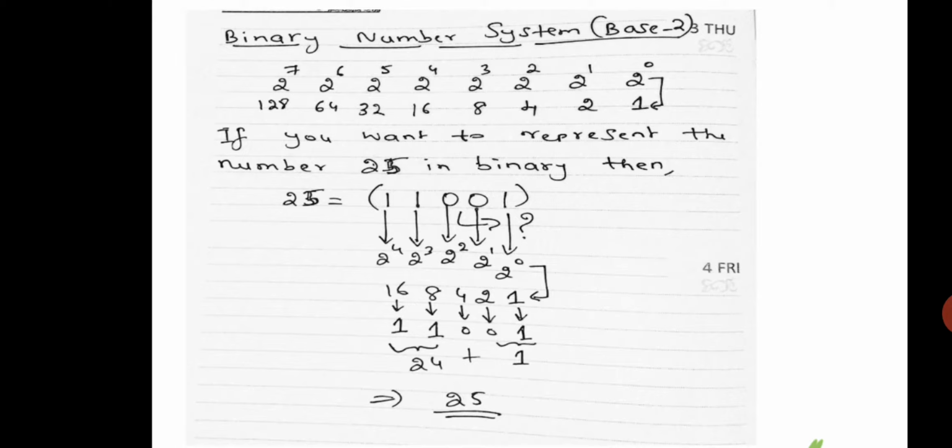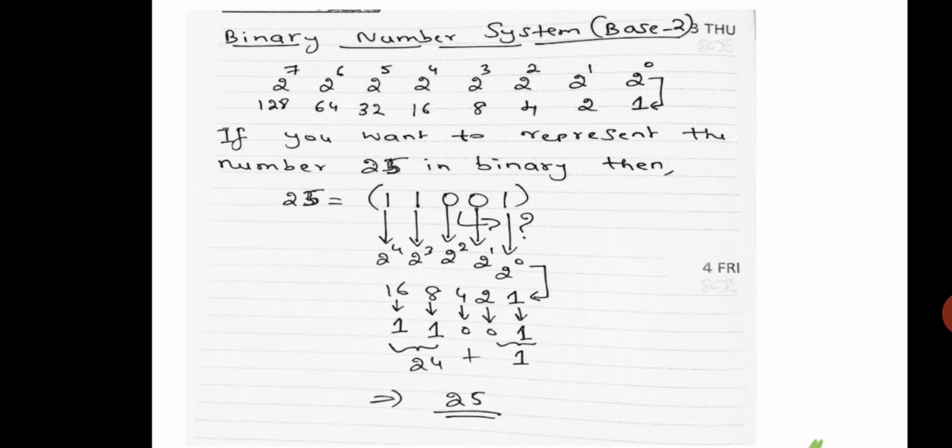See, this is what I represented. Can you see the arrow mark? I have represented the position of those ones and zeros. If you want to take that number, you have to put 1. If you don't want that number, you have to put 0. I wanted 2 to the power 0, that's why I put 1. I don't want 2 to the power 1, that's why I put 0. I don't want 2 to the power 2, that's why I put 0.